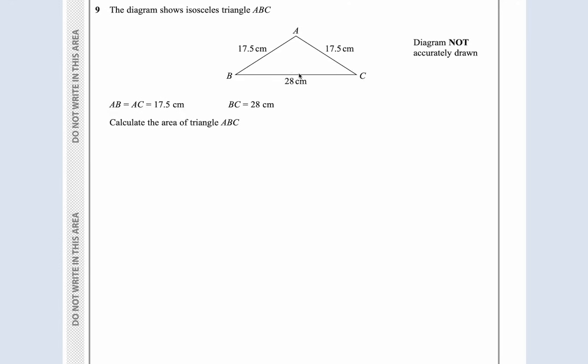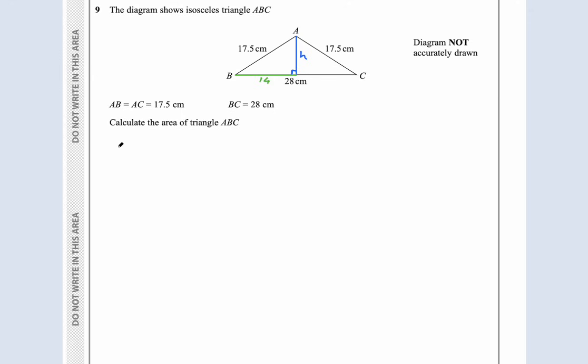Question 9. Isosceles triangle. Calculate the area of the triangle. Probably the easiest way to do it, guys, I think, is just to do it like this. We're going to get the height using Pythagoras, and I know that this distance here is 14 because it's half of 28.